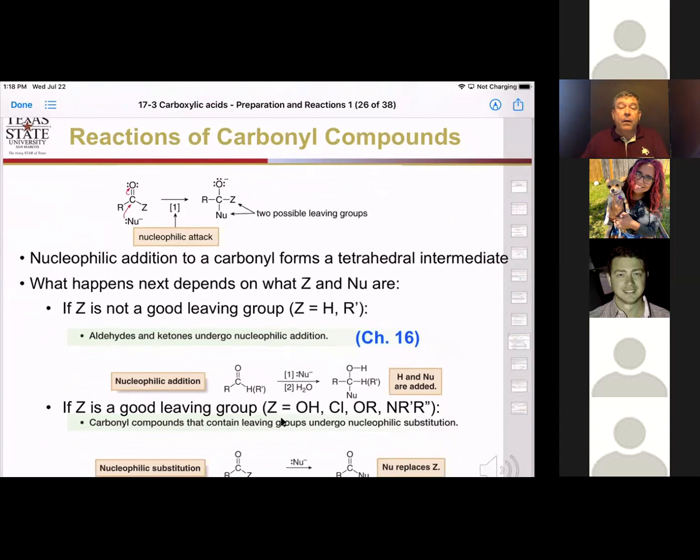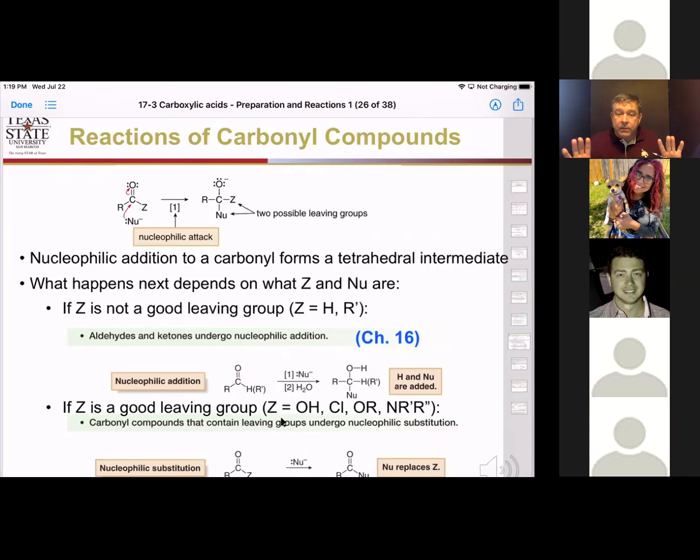Now, the driving force for that is the idea that we have a nucleophile coming in, and then whether or not the group leaves depends on how good a leaving group it is. Is it a strong base? Is it a weak base? Is it a stable ion? So when we have attack at these carbonyl compounds, we can either have substitution reactions in which we regenerate our carbonyl, or we can have addition reactions, and it's all about our leaving group.